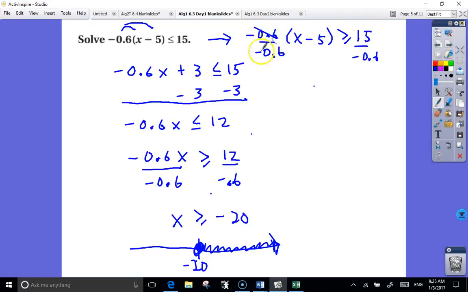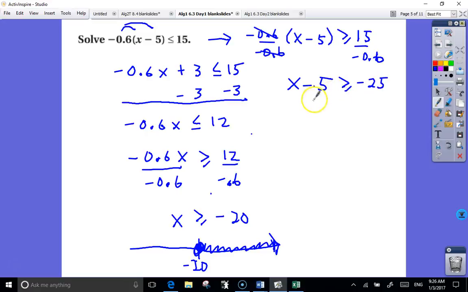Now these cancel, and I have x minus 5 is greater than or equal to, what is 15 divided by negative 0.6? Negative 25, okay, that sounds right.